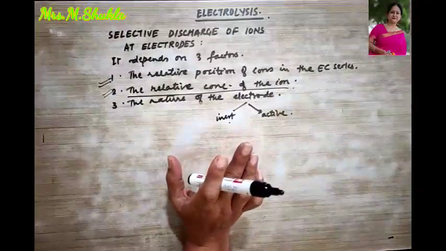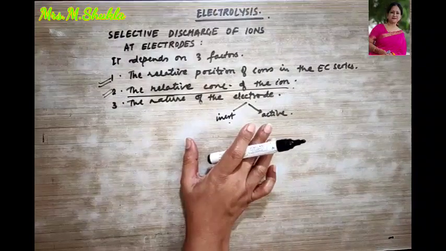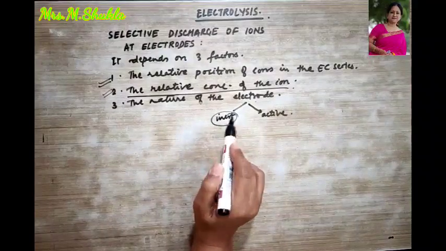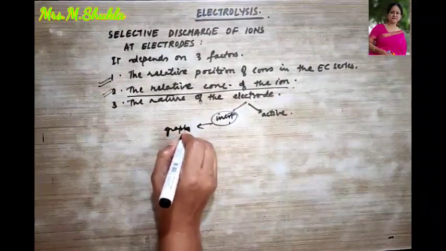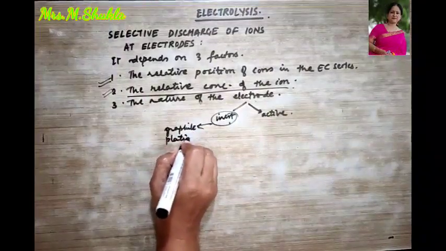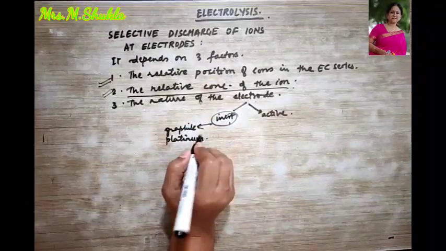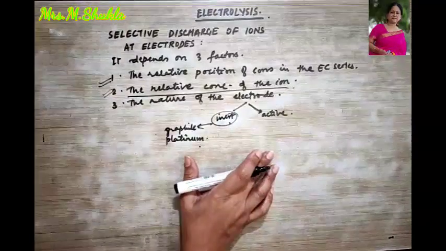The electrodes are used to determine the ion preferred for discharge. If it is an inert electrode, like graphite and platinum, they are said to be inert electrodes. They will not take part in the electrolytic reaction whatsoever.